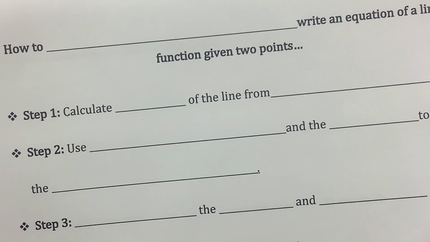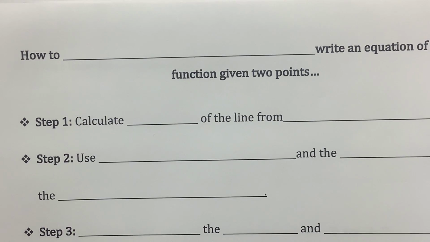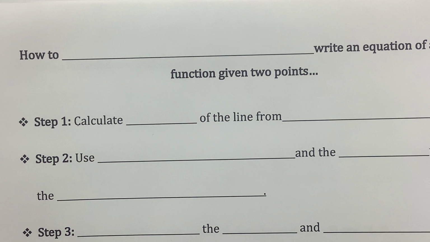Now, let's write out the steps and get a little review going. How to write an equation of a line of a linear function given 2 points. What are we doing here, Bono? Do you even know?